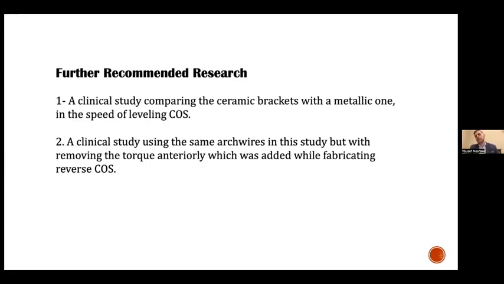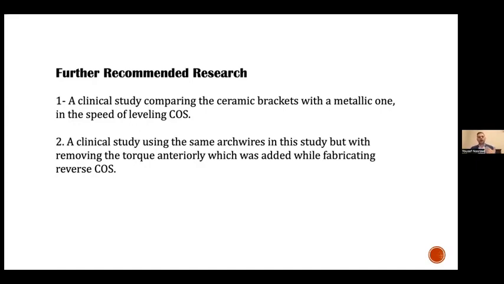Further recommended research about the curve of Spee: a clinical study comparing ceramic brackets with metallic ones, since my whole sample used metallic brackets, in order to measure the speed of leveling the curve of Spee. And a clinical study using the same arch wires as in this study, but removing the torque anteriorly, which was added while fabricating the reverse curve of Spee. As I mentioned before, while you are fabricating the reverse curve of Spee in the wire by looping it toward the lower incisor, you are adding torque anteriorly and adding buccal torque to the posterior teeth.